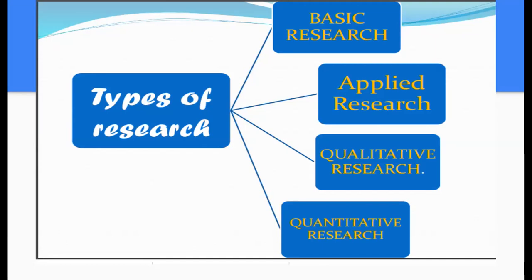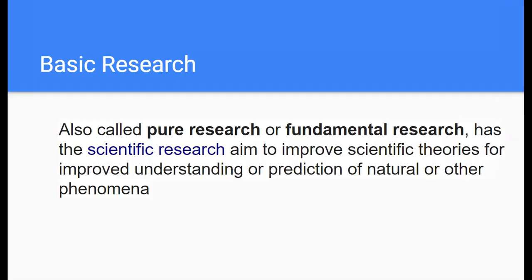Okay? So now let's look at basic research. Basic research is what we call pure research or fundamental research. In this case, the aim is to understand theories, to add to the theories, to improve scientific theories for improved understanding and prediction of natural order or phenomena.